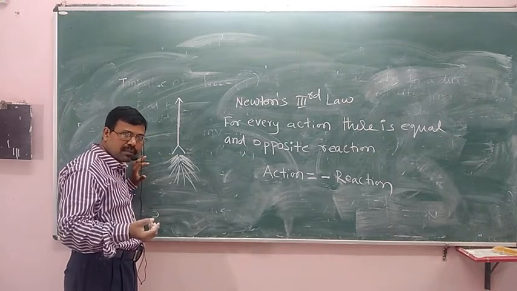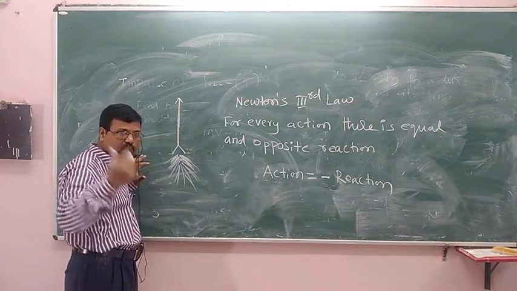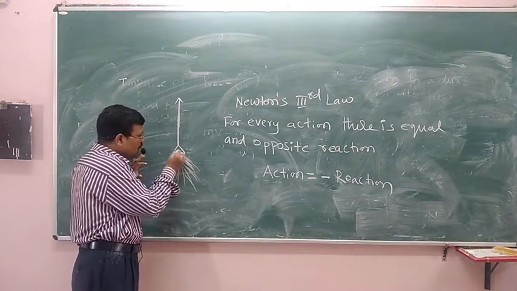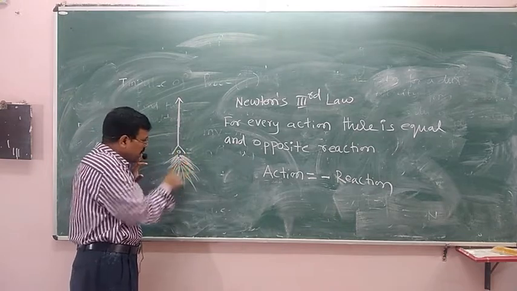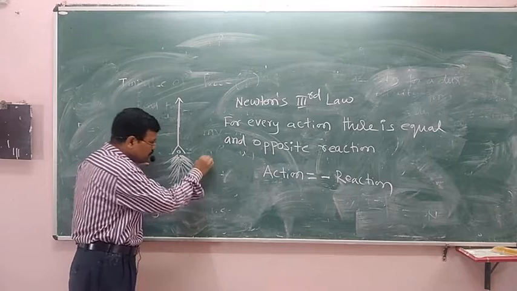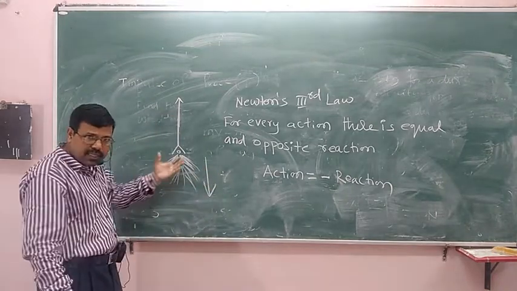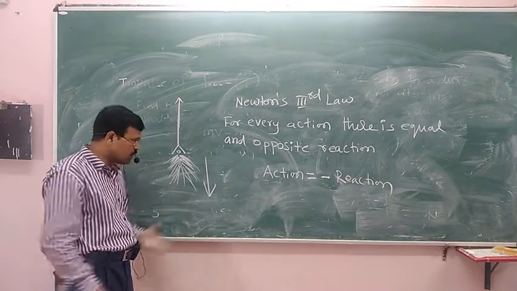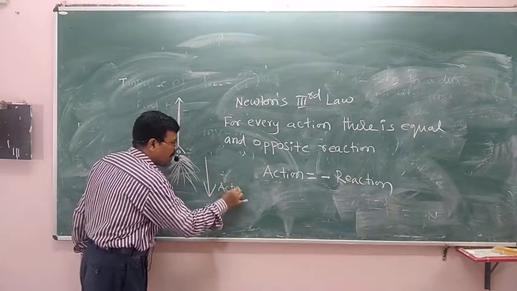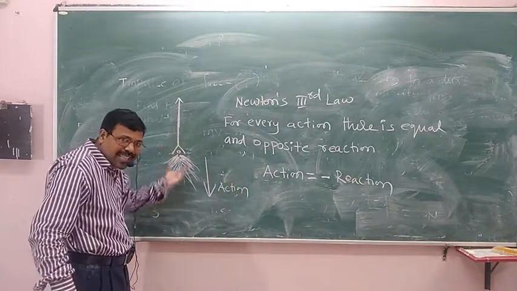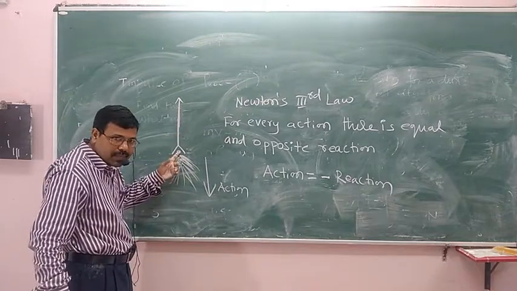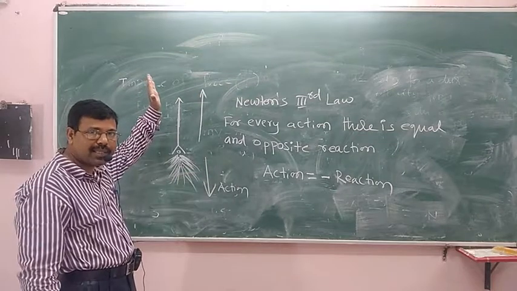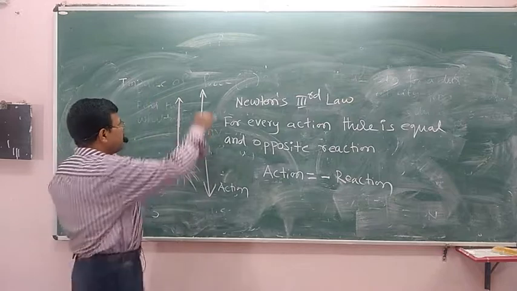White kerosene is used as a fuel. As the fuel is burned, through the nozzle, through the hole, the exhaust gas comes out with a great speed. This we call the action. The exhaust gas coming through a nozzle is the action. What is the reaction? The rocket moving upward is the reaction.